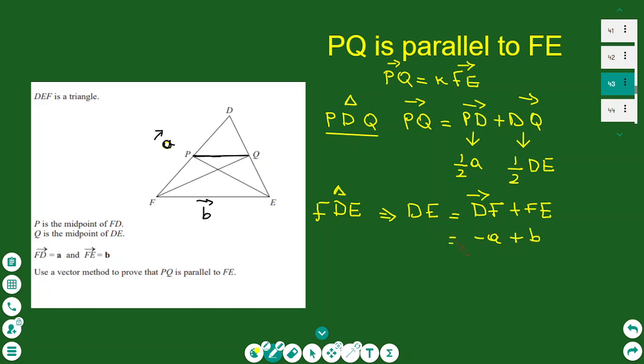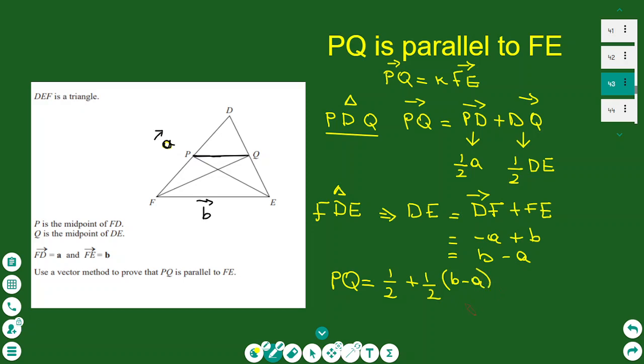Then DE is B minus A. I can replace now the DQ as half of B minus A. And I found an equation of the PQ. The vector PQ is the vector half A plus half of B minus A.